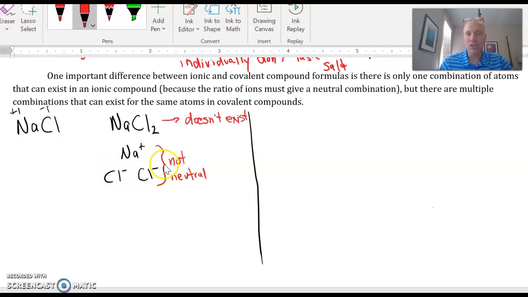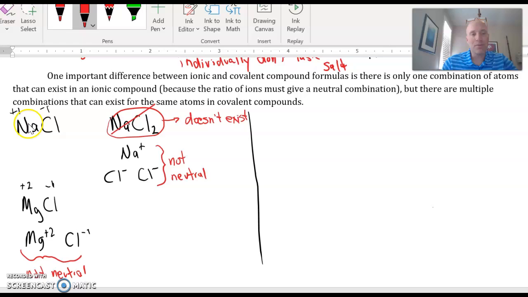So again, this combination is not neutral, so there is no such thing as NaCl2. This combination doesn't exist. The only ionic compound that exists between sodium and chloride ions is NaCl, which is the 1-to-1 ratio, which is what you need to get a neutral compound with those charges on them.